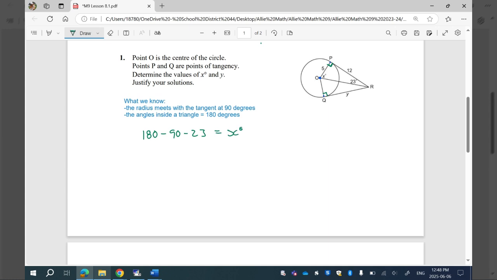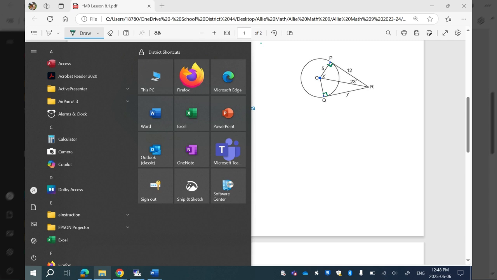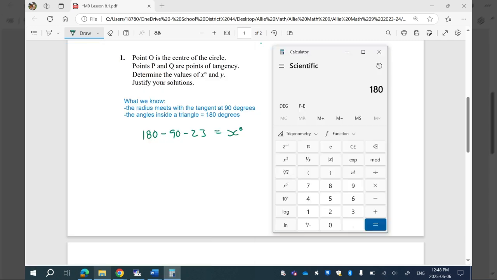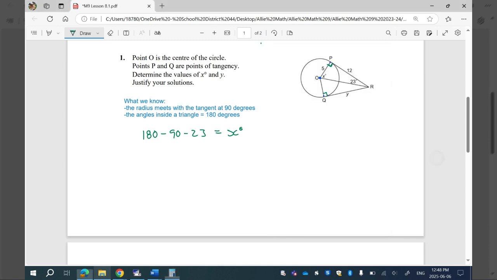So let me use my calculator. We've got 180 minus 90 minus 23 equals 67 degrees. Okay, so you can label that if you'd like.